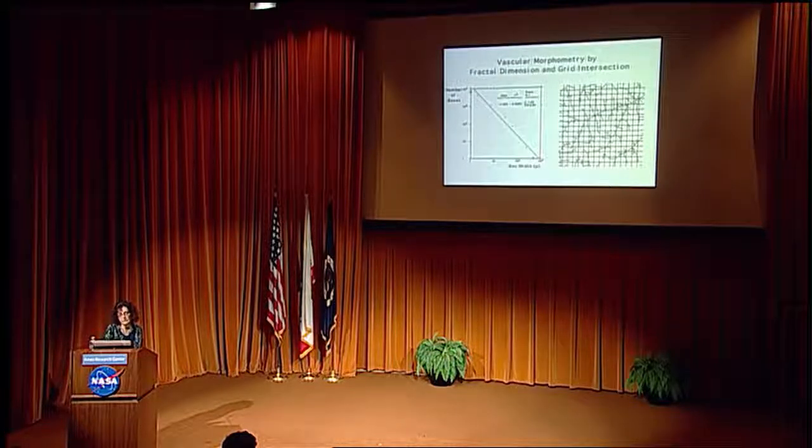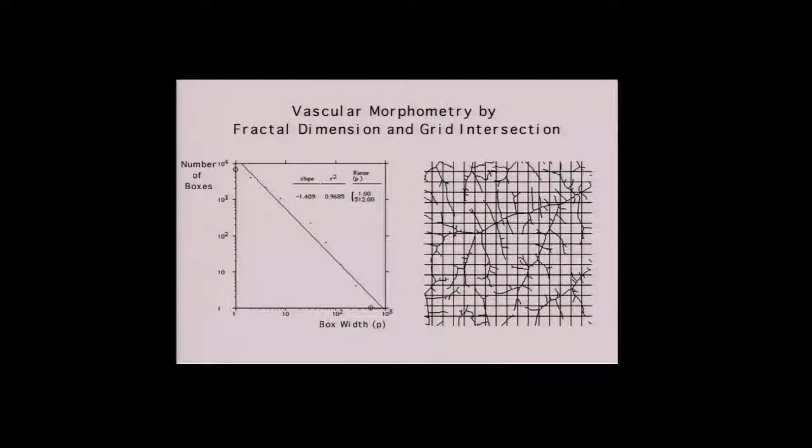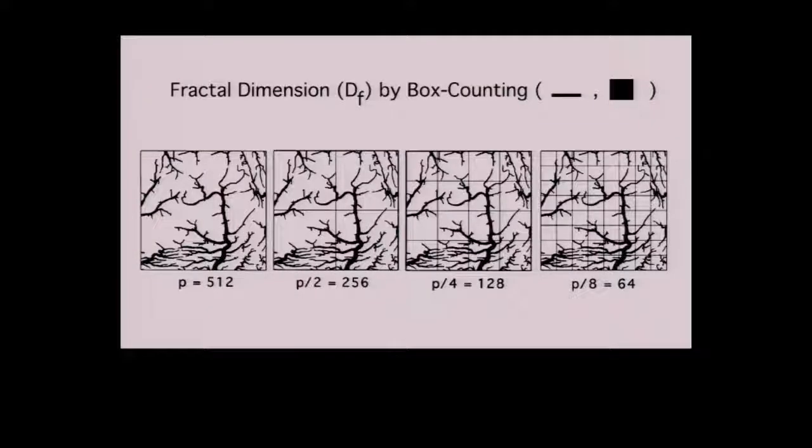Looking at fractal algorithms in the late 90s when I started this research, I identified the box counting algorithm as the most reproducible and sensitive for detection of branching patterns in vascular structures. You see here from this vascular structure that the box counting yields a fractal dimension of 1.41, as defined by Mandelbrot and the other mathematicians creating this new mathematics.